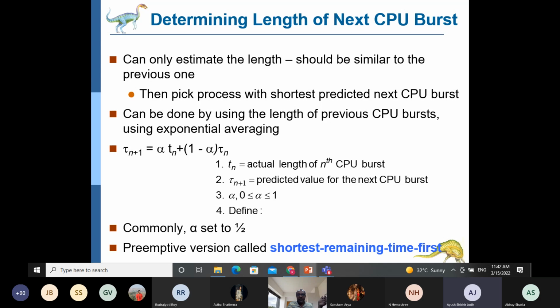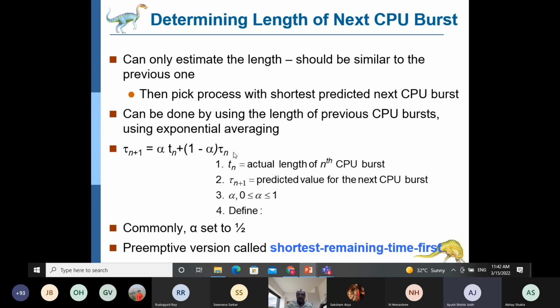From the predictions, whichever process has the lower one, based on that we order the queue. The process having the least tau of n plus 1 is given the first chance, and afterwards the next, and so on. For computing tau of n plus 1, we take these two components: the observed nth one and the predicted one.